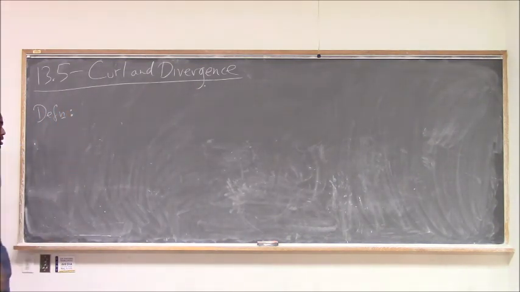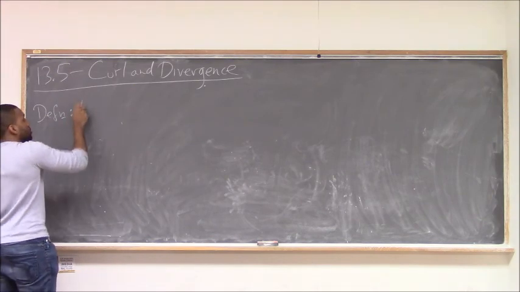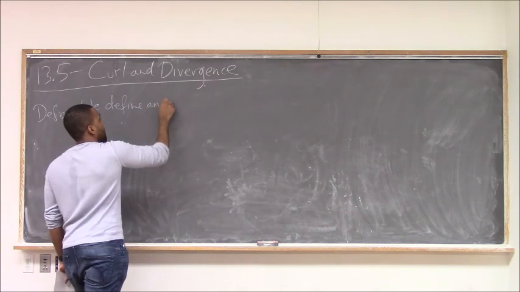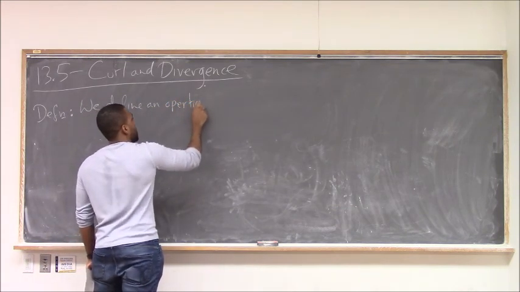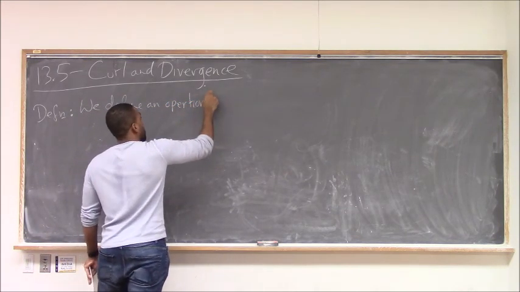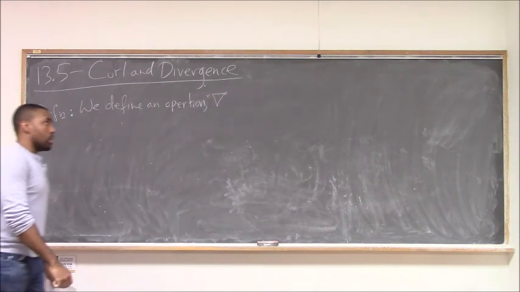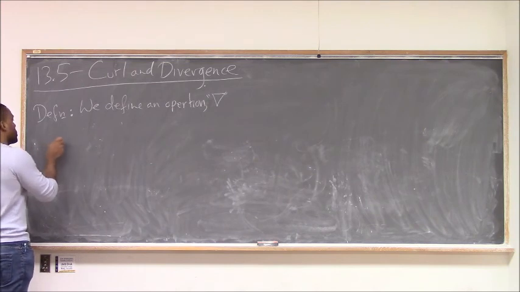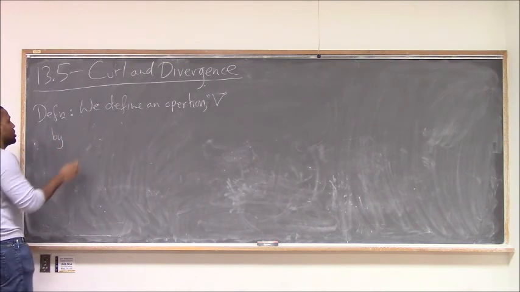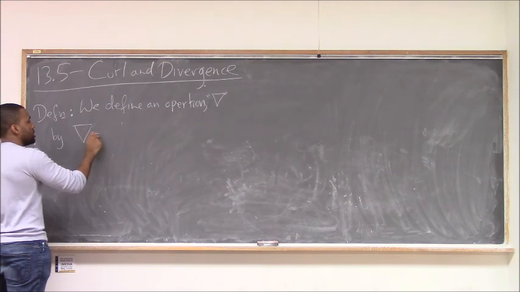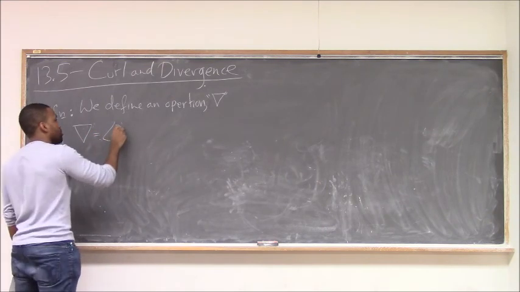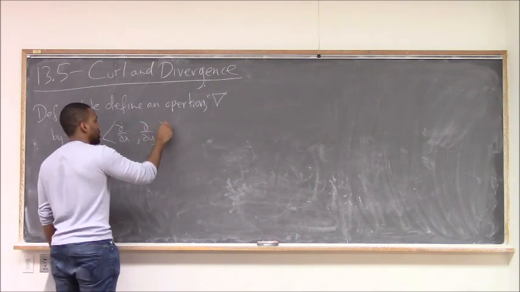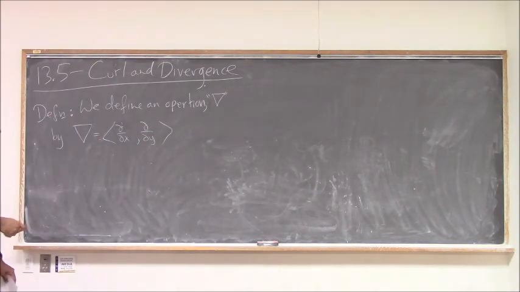I'm going to give you an operation to define. I'm going to call this the del operator. And so basically, del is equal to this thing: partial with respect to x, partial with respect to y in 2D.